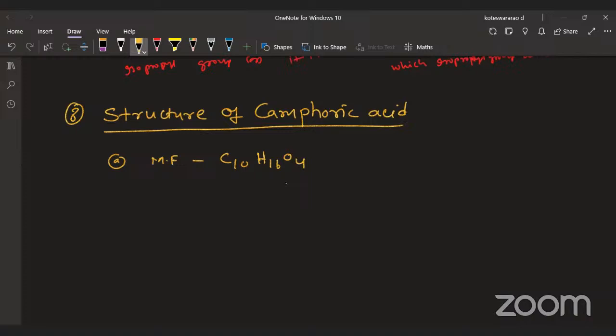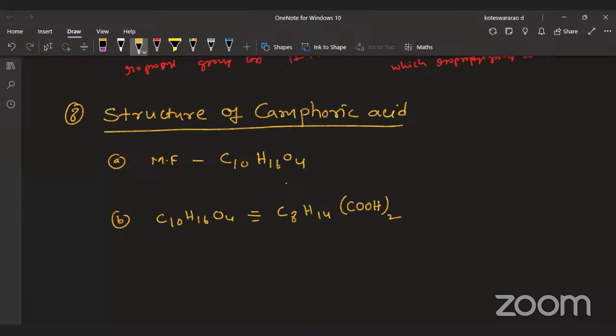From this molecular formula, C10H16O4, it contains two acid functional groups, that is, a dioic acid. Therefore, C8H14 with COOH taken twice.